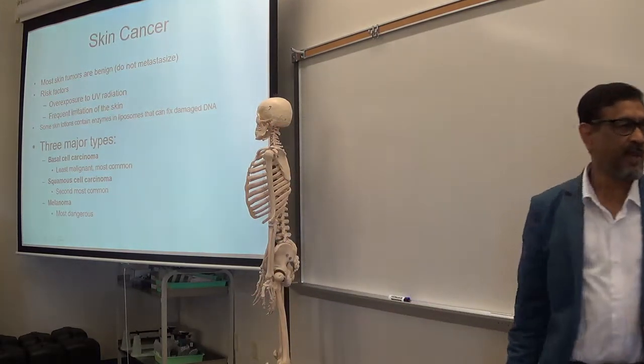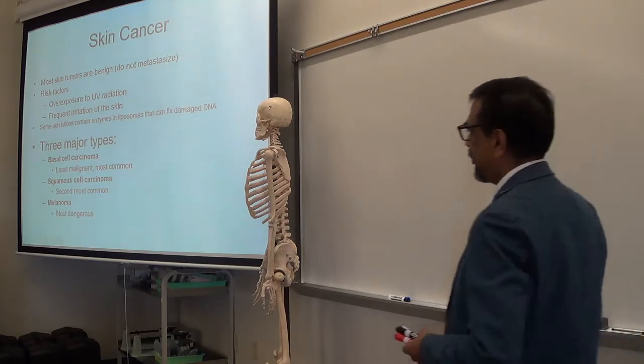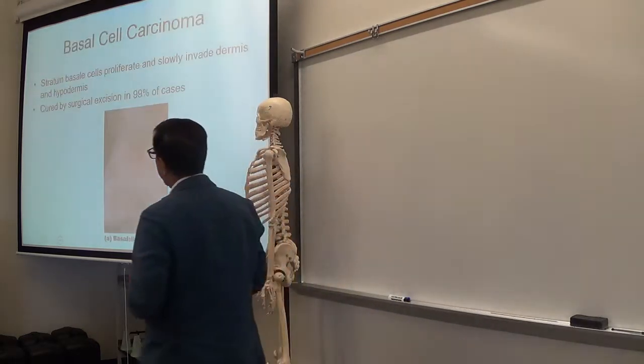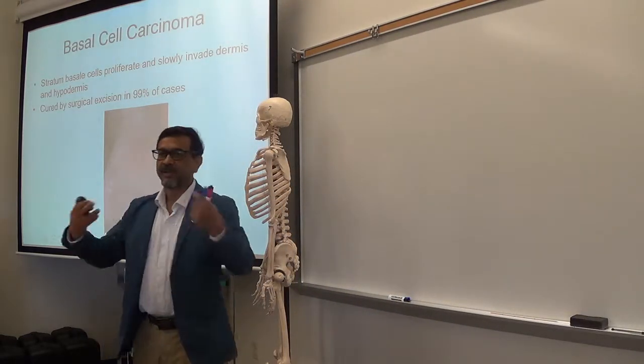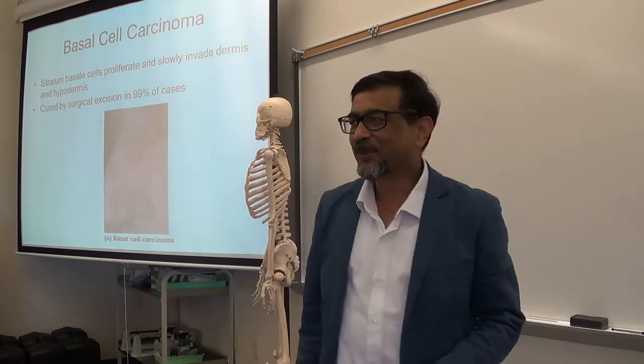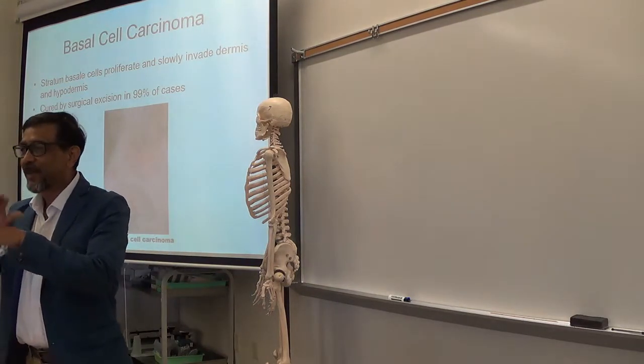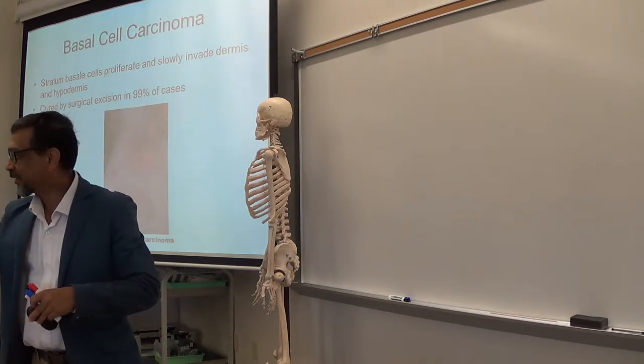You know melanocytes, the cells that produce melanin, proliferate abnormally and cause melanoma. So melanocytes are responsible for melanoma. Now you think melanocytes in your epidermis have a good function. What is that?